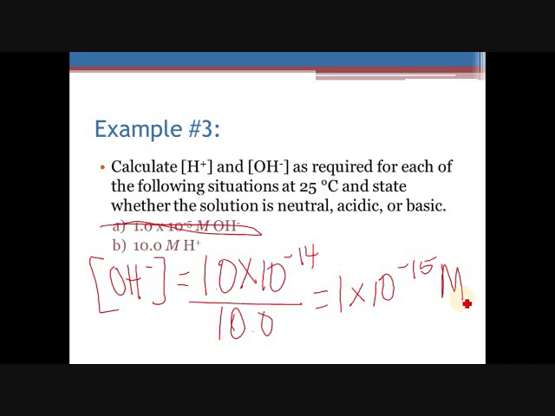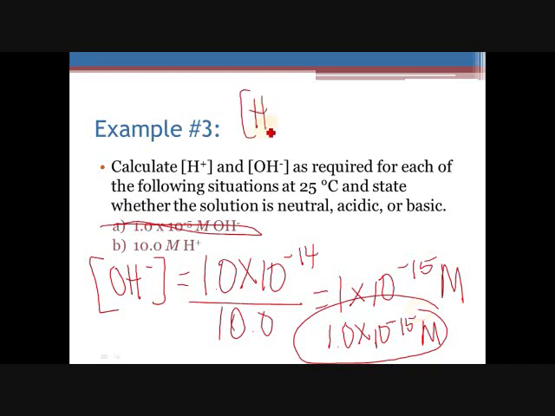That's not a correct sig fig, sorry. You guys are going to yell at me if I don't fix that. My bad. There we go. So that's our answer for the OH concentration. Now we have to compare the H plus to the OH minus. I always like to put H plus first, honestly, because that helps me think of it.